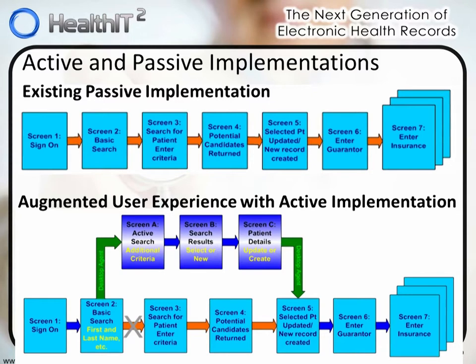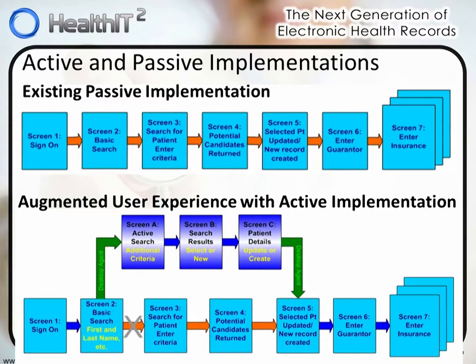So what we're actually simulating on these different boxes here is a typical workflow that's encountered for a registration clerk, and they may be at a hospital and using a legacy system like an Epic or a Cerner or anything else for that matter. And so that passive approach looks something like this.